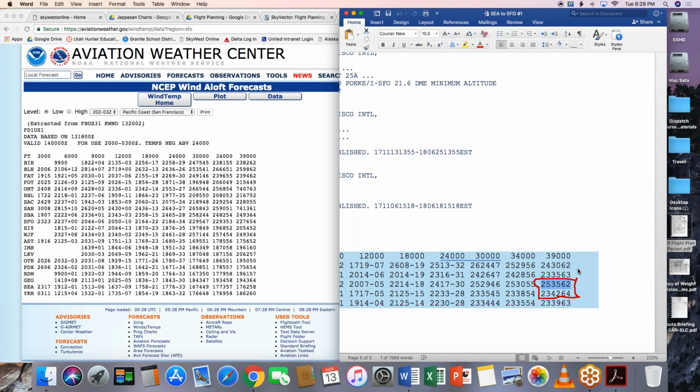We take all of them, add them all up, and then divide by the number of temperatures, right? We all know how to do averages here. It's pretty easy when you only have 2 and they're that close. So 240 degrees for our wind. So this is our average.